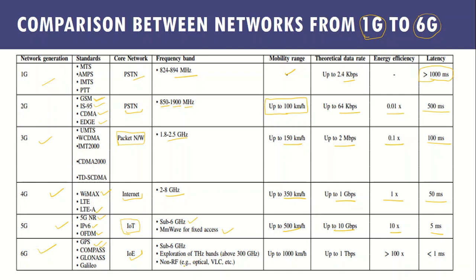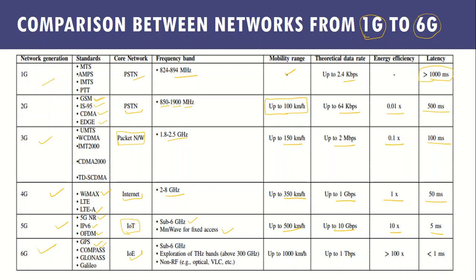Non-radio frequency techniques, for example optical and VLC, visible light communication, where the signal is transmitted through light and converted back to digital, are used to achieve high data rates in 6G, with a very large communication system. A very high frequency band is used in 6G, up to the laser range.